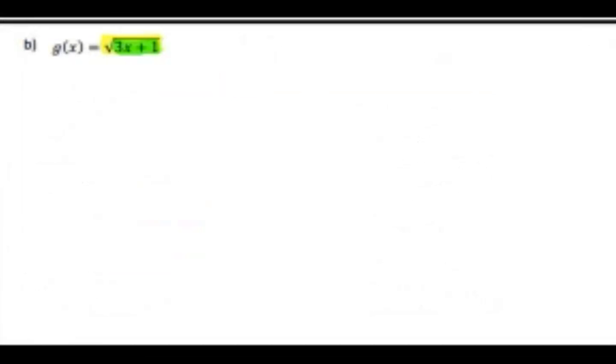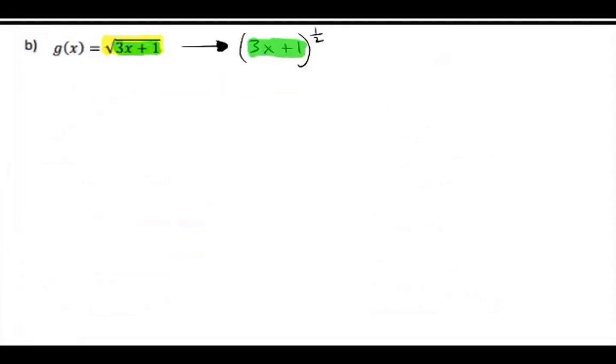I'm not changing anything. I'm just rewriting it so that I can find the derivative. So it's 3x plus 1 to the 1/2 power. Okay. This is still the inside. And this is still the outside.